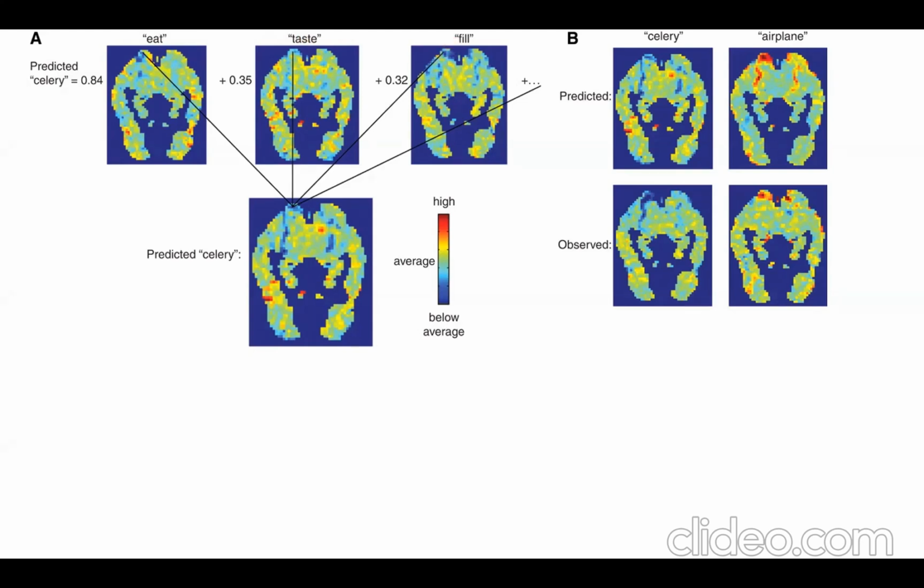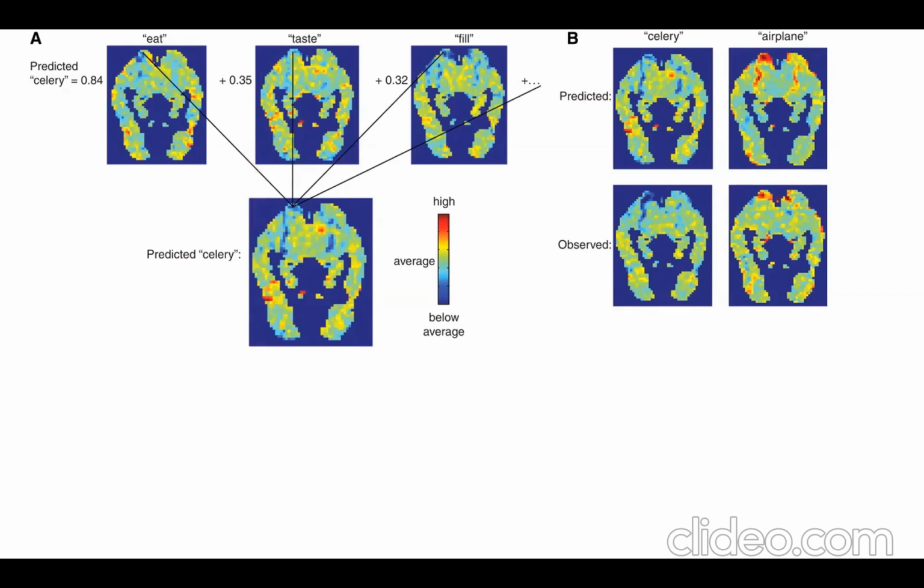For each feature, we have a brain map showing the beta values after we fit the model. And the word celery is a linear combination of each of these 25 features. So how much is celery predicted by eat, taste, and feel.